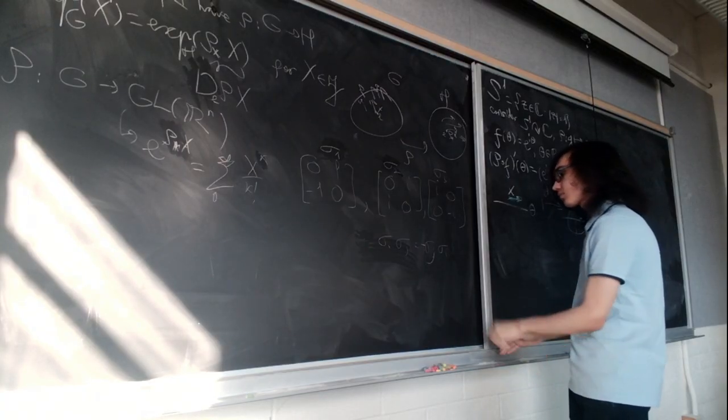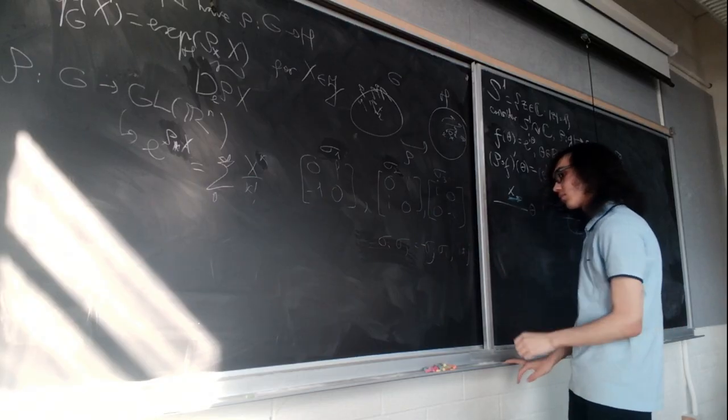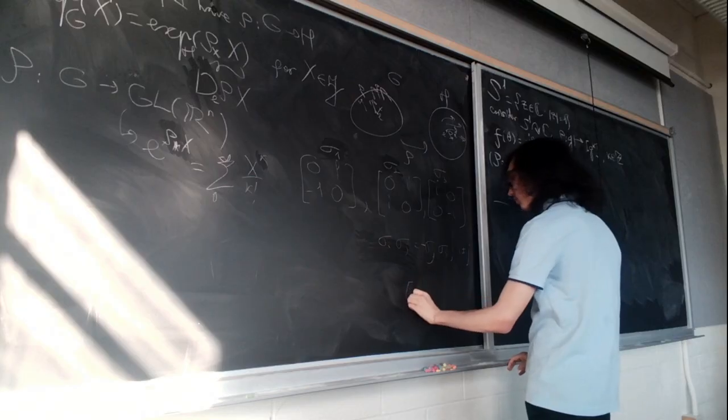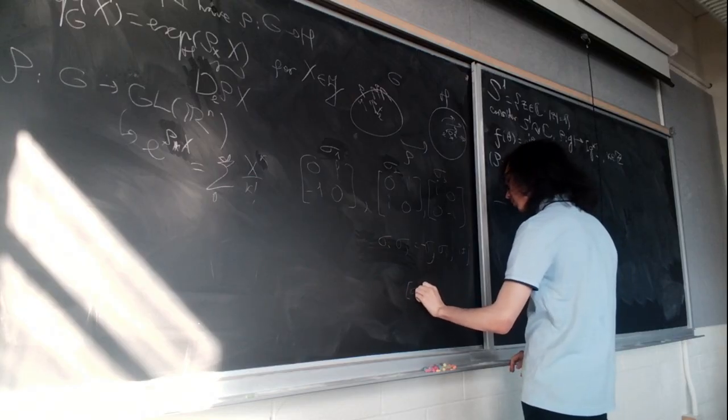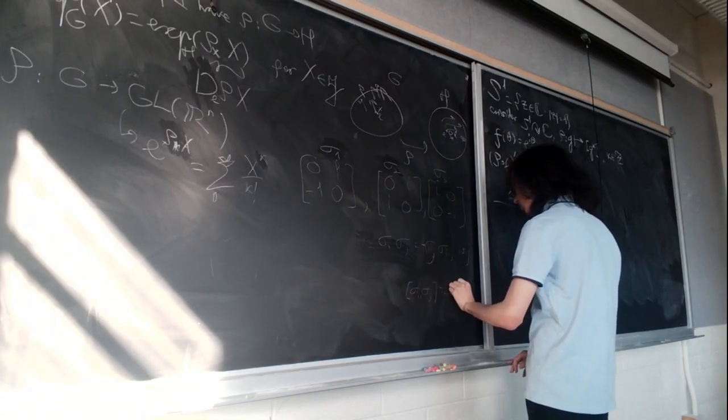So in particular, if you want to take the commutator of two of these matrices, that's the same, after a factor of 2, as just taking the product. Just multiply it.